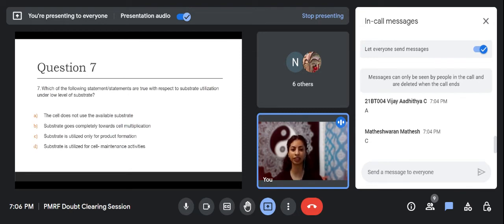Question number 7: which of the following statements are true with respect to substrate utilization under low level of substrate? If in your reaction you have about 100 cells and they require maybe 100 kgs of glucose, but you've only given them maybe 50, what happens? Does the cell not use any substrate, or does the substrate go completely towards cell multiplication, or is the substrate utilized only for product formation, or is the substrate utilized for cell maintenance activity?